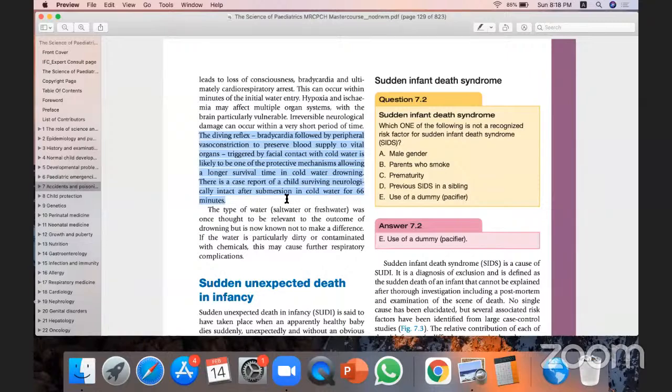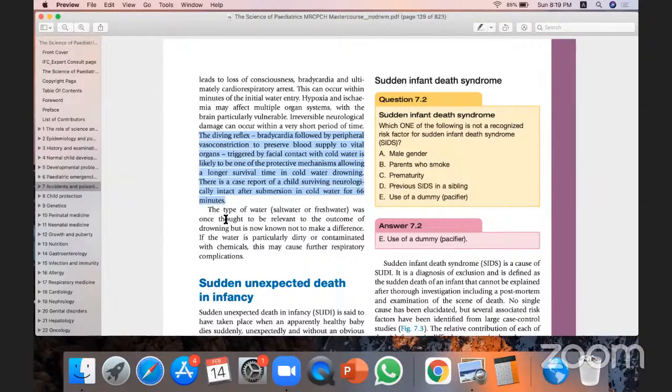It is a protective mechanism: when triggered by contact with cold, our heart rate slowly goes down. There is also peripheral vasoconstriction, and so we give this as a treatment for supraventricular tachycardia.